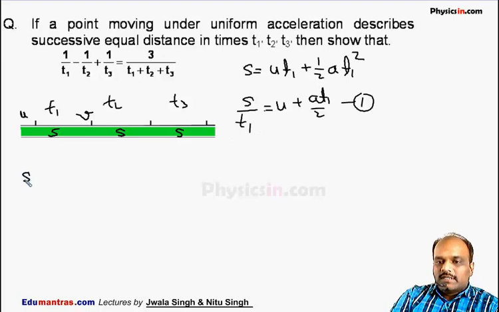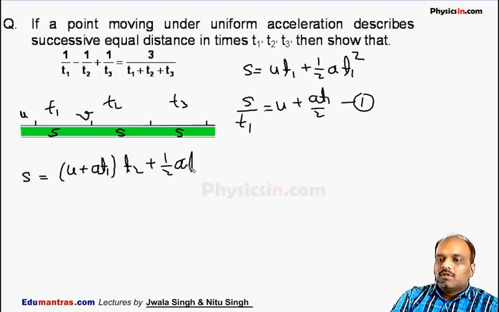Similarly, for the second interval, the velocity here is v, which is u plus a t1. So I can say s is also equal to (u plus a t1) into t2 plus half a into t2 square. So from here s by t2 is equal to u plus a t1 plus half a t2.